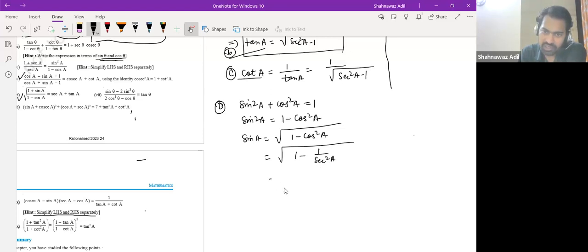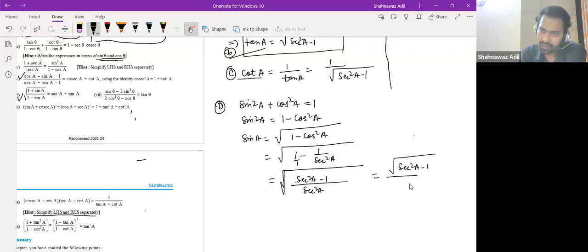We take the LCM. So this is sec square A minus 1 divided by sec square A, right? So in the denominator, the root is outside. So this is what we get.